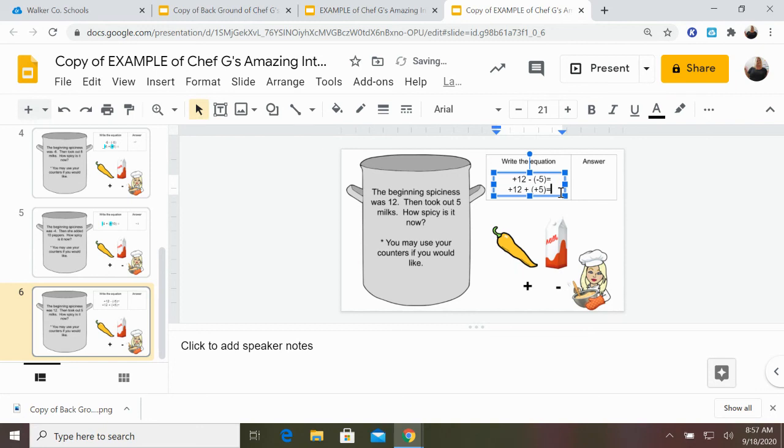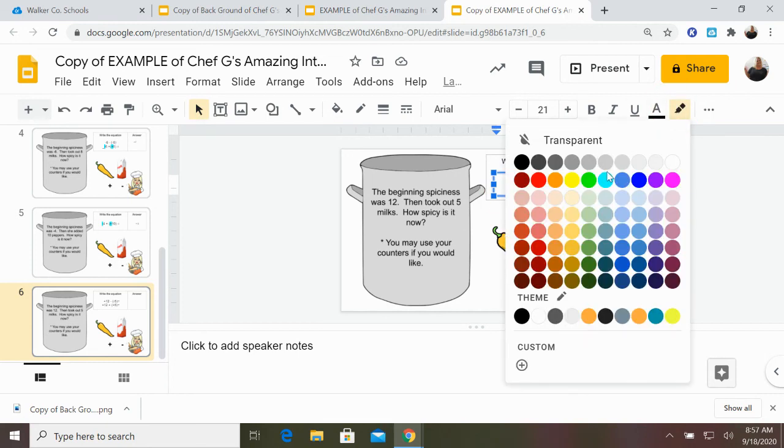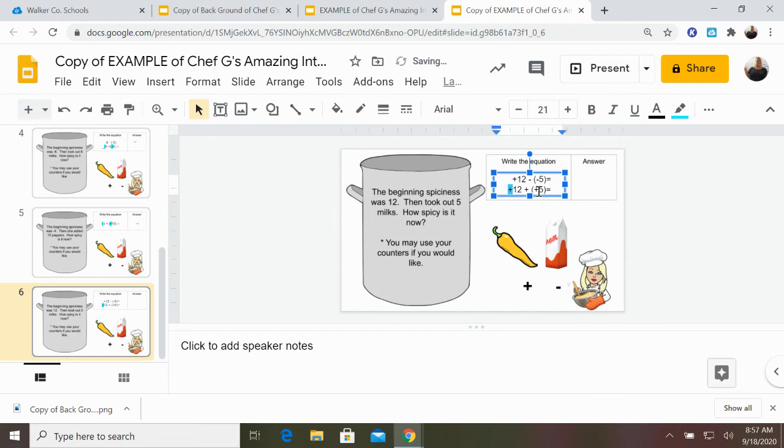I changed it because these two negatives make a positive. So now I'm going to notice my signs. I have a positive and a positive. My signs are the same, which means I'm going to add, and I'm going to get 17. And my answer will be positive because 12 has the largest absolute value.